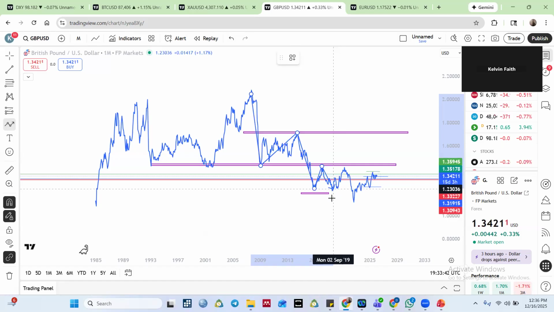This is kind of relatively equal lows, but let's still make use of it because this is a lower high. This one did not give us a high, so it's a lower high. Then we have a lower low, and then currently we got a lower high.